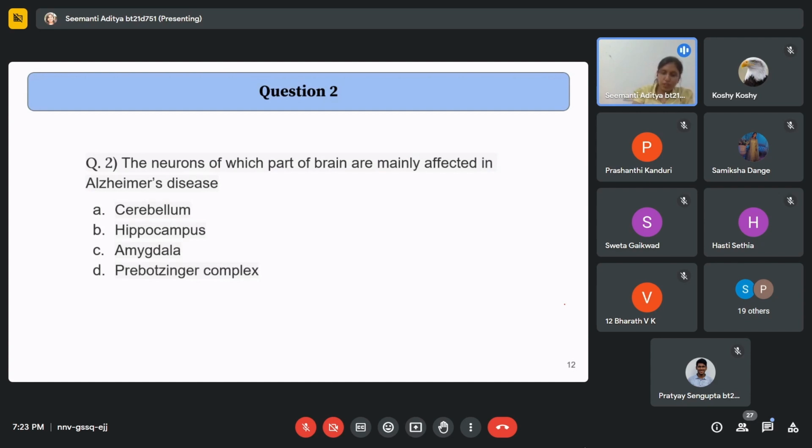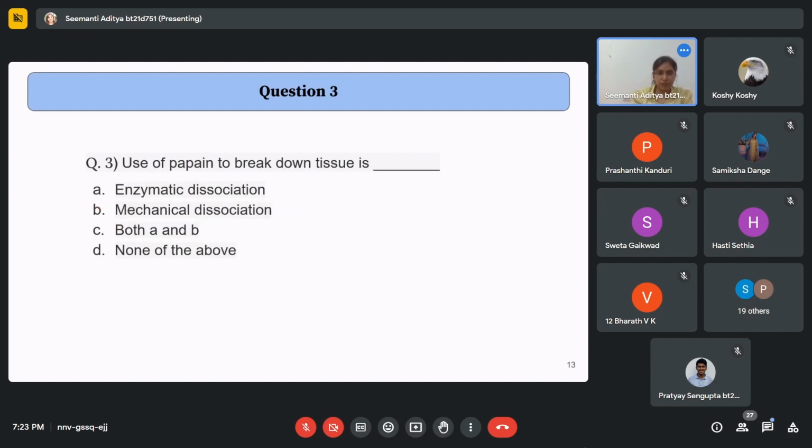Right. So Alzheimer's disease affects the hippocampus part of the brain. So this is the correct option. Next question.